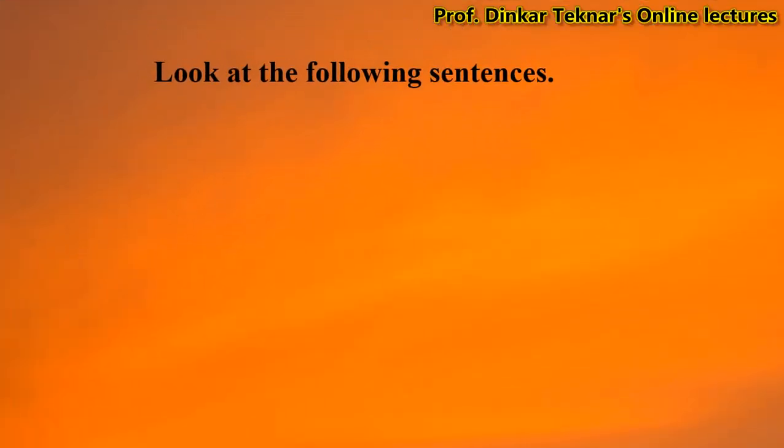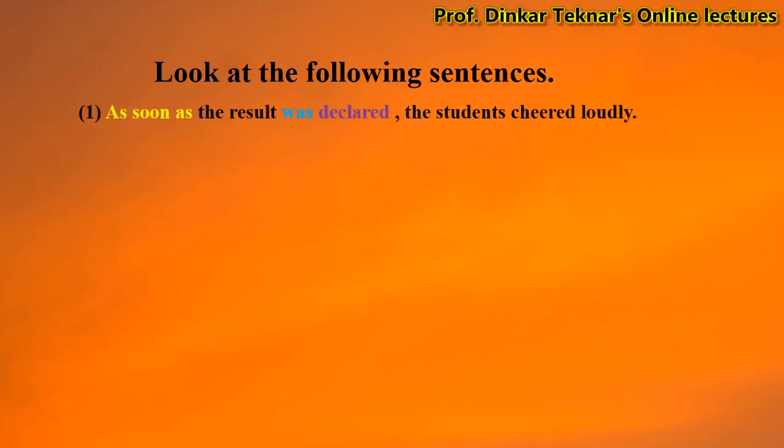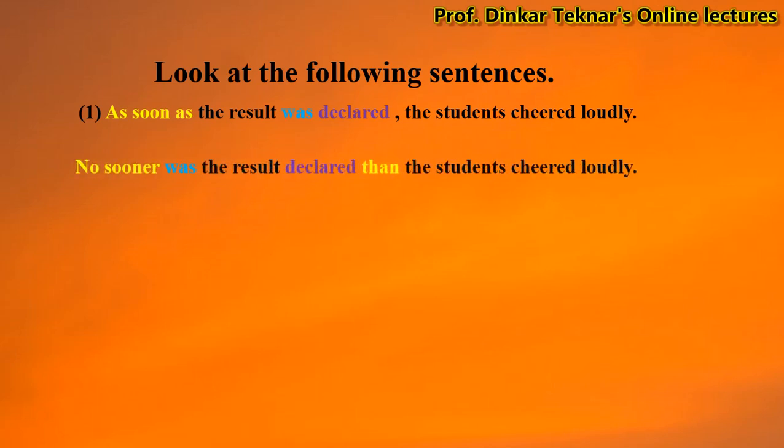Look at the following sentences. As soon as the result was declared, the students cheered loudly. No sooner was the result declared than the students cheered loudly. The first sentence begins with as soon as, and the second sentence begins with no sooner.